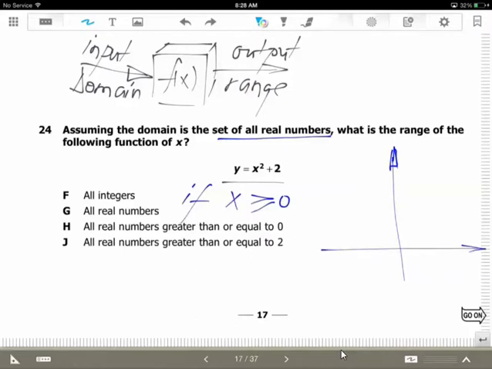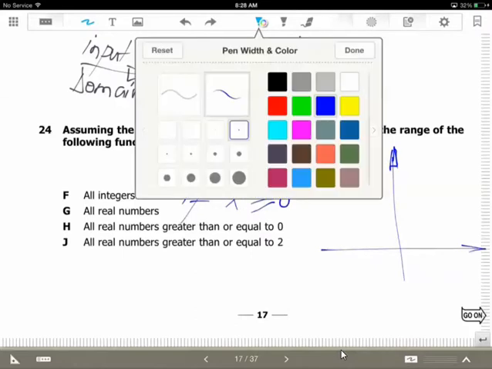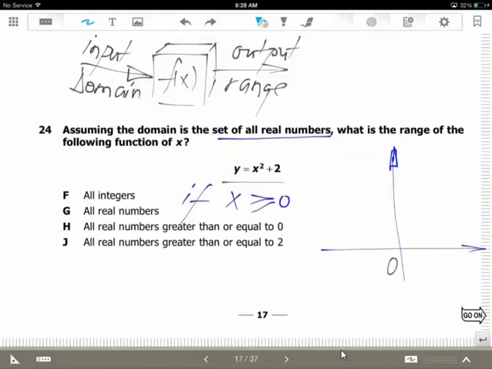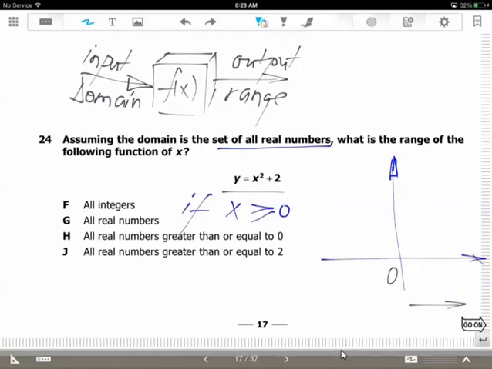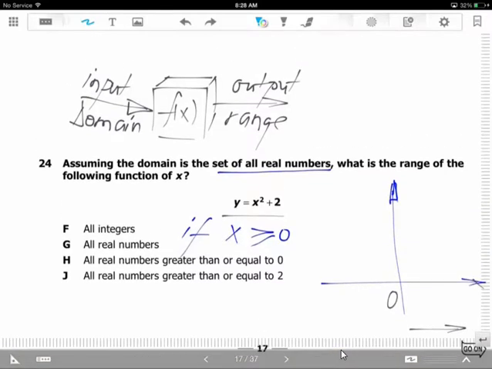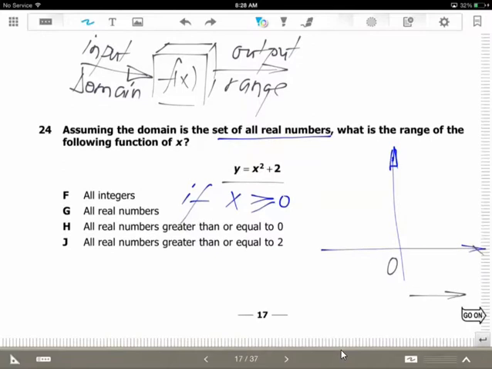So your x will be everything from the origin to the positive infinity, on the x-axis.